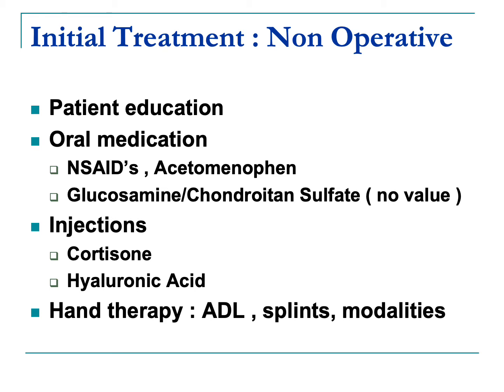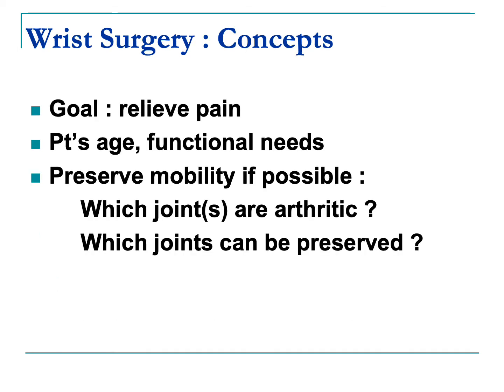Injections of glucosamine and cortisone produce temporary effect, but rarely produce long-term benefit. Certainly, a hand therapist would be of value in teaching patients to adapt to their problems and can provide splinting and sometimes provide therapy if there's been an exacerbation rather than long-term symptoms.